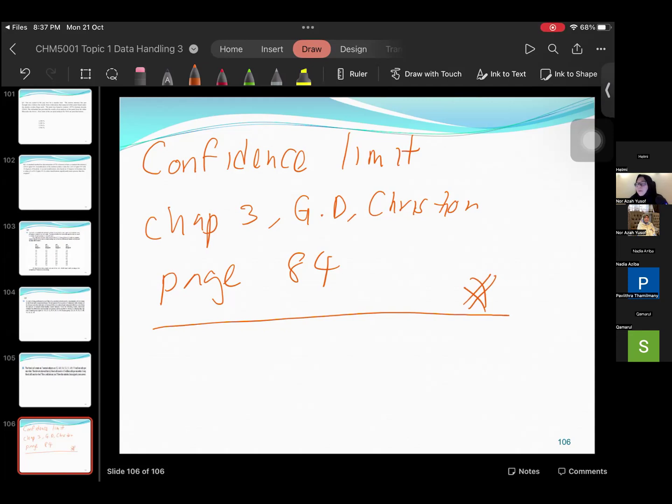I hope this covers the basic statistics that you need if you're developing a new method, or if you are using a standard method but want to compare with other labs or other companies. Questions before we end? I think we end early.